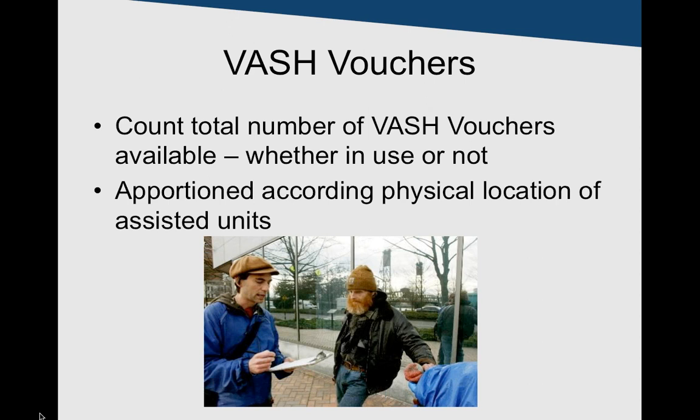When a VASH project operates in multiple CoCs, each CoC should have project descriptor data pertaining to that project in their HMIS. Beds should be apportioned according to which CoC the housing units assisted by the voucher are physically located.